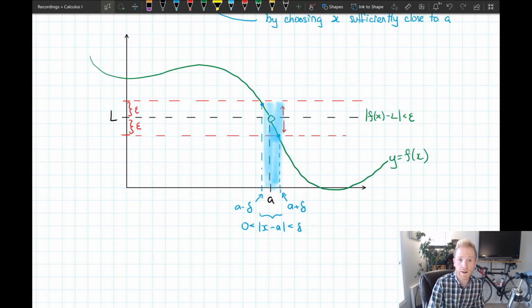And the closer you want it to be, you're going to find out that this blue shaded interval keeps shrinking. But we can always find some interval on either side of a that as long as x is in there, you're going to be within your desired margin of error of L.